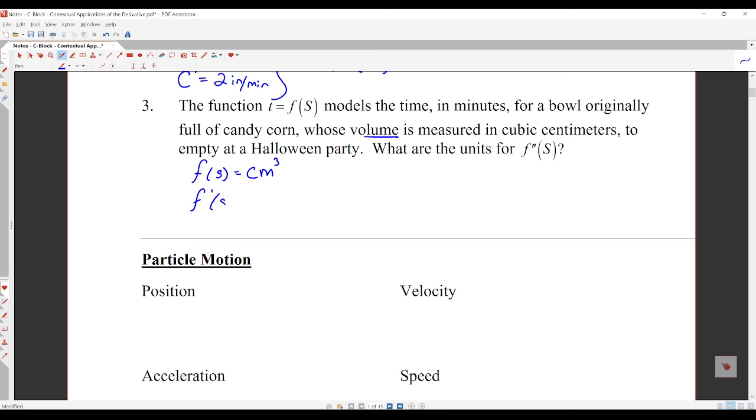F prime of s, since this is the change over time in minutes, would be cubic centimeters per minute. Which means F double prime of s is going to have a rate of change of cubic centimeters per minute, which again, we've talked about this before, we could label as cubic centimeters per minute squared. I prefer this one, but this one is fine too.